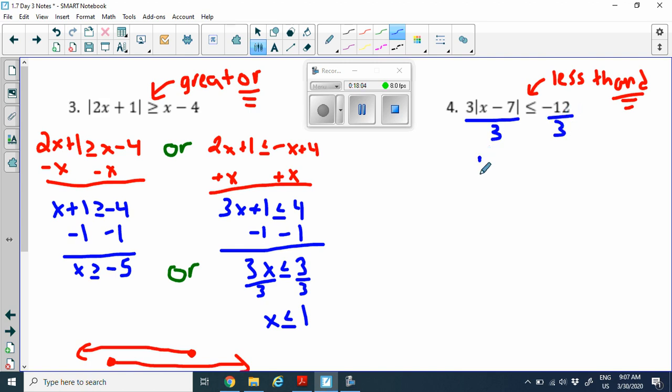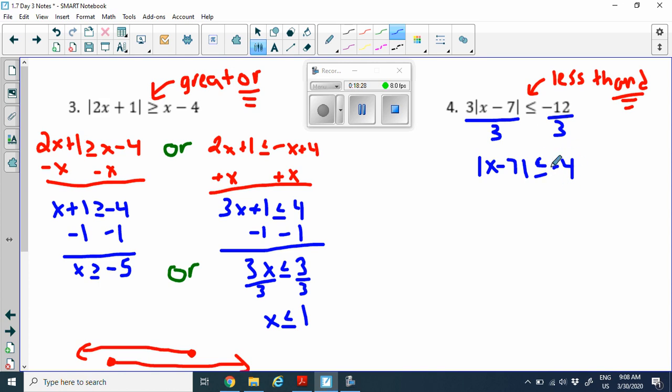So now I get absolute value of x minus 7 is less than or equal to -4, okay? So even before creating your two inequalities, make sure you isolate that absolute value, because if you don't, you will get the wrong answer.